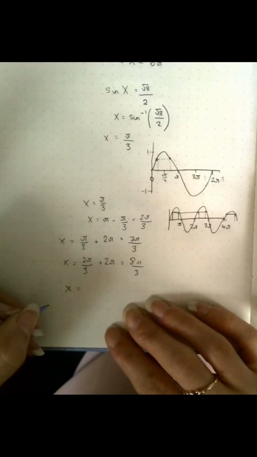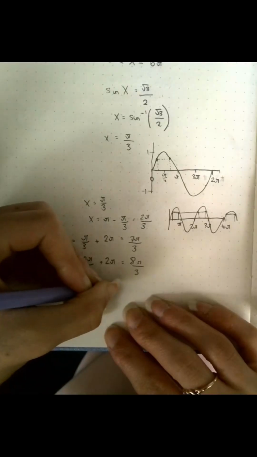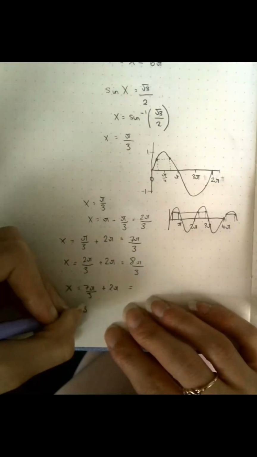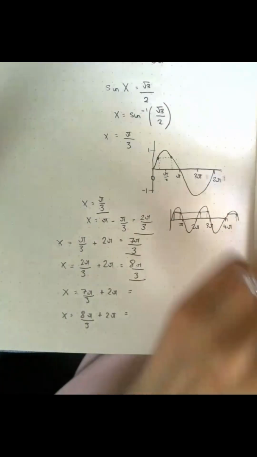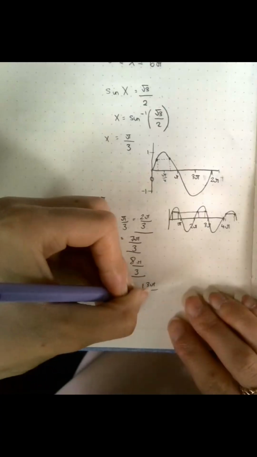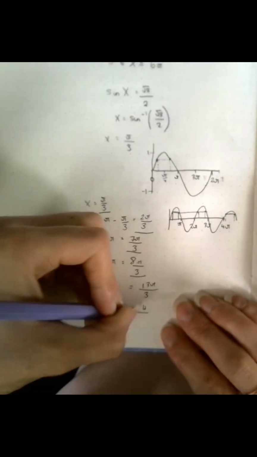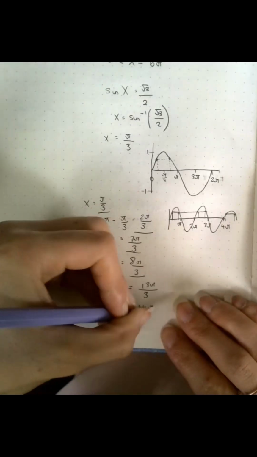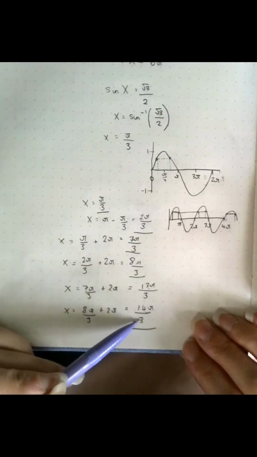So X is also going to equal 7 pi over 3 plus 2 pi, and it's also going to equal 8 pi over 3 add 2 pi. That gives us 13 pi over 3, and it will also give us 14 pi over 3. So we have there 1, 2, 3, 4, 5, 6 solutions.